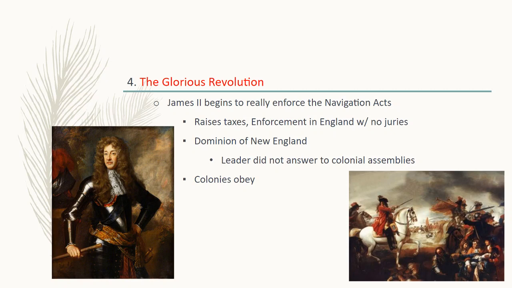He imposes huge new taxes, in addition to enforcing the Navigation Acts. He's also going to strip the Puritans of their assemblies, basically telling these strict Congregationalists that they can't meet, and taking away any sovereignty, any local rule that they had for the last 40, 50 years.